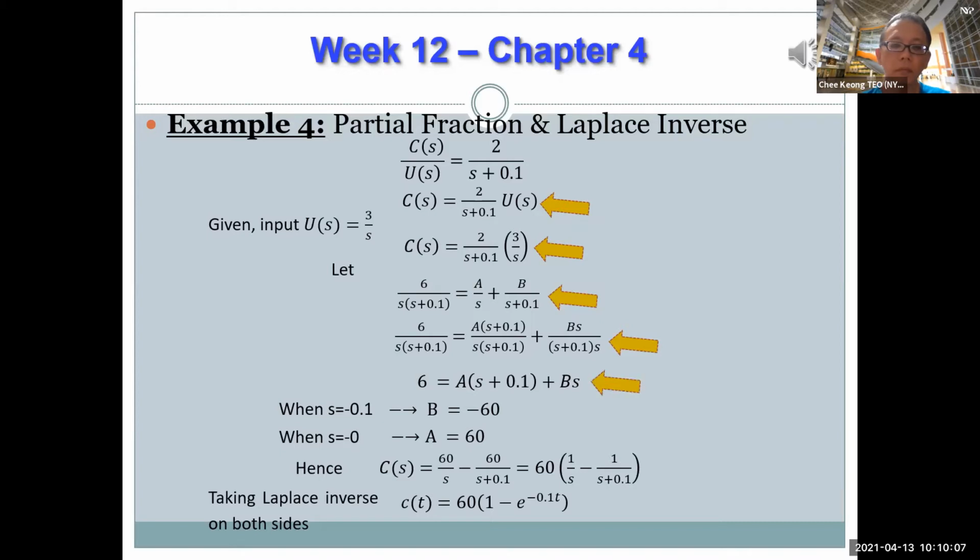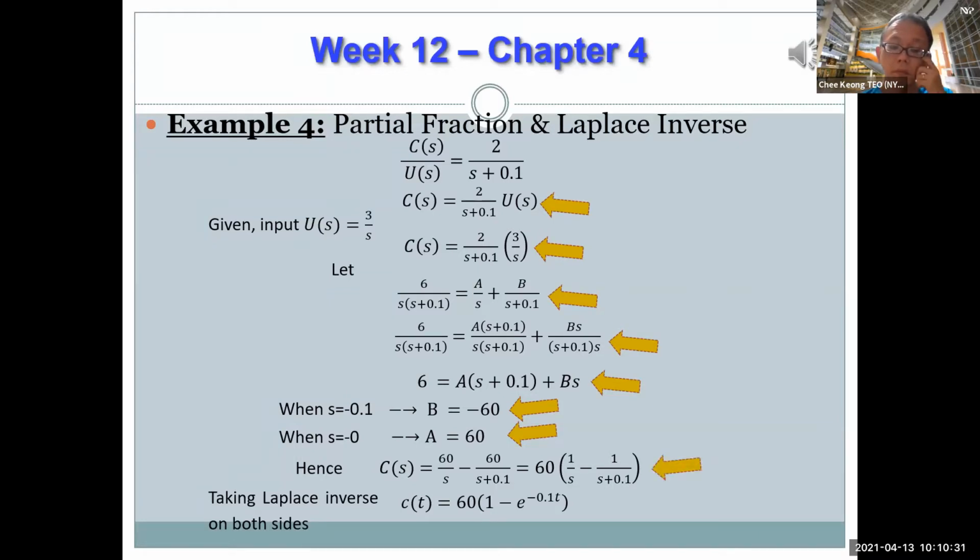Since now all the denominators are the same, all the numerators must equal each other, meaning we can write 6 equals A bracket s plus 0.1 close bracket plus Bs. Substitute s equals minus 0.1 and 0, and we yield A equals 60 and B equals minus 60.